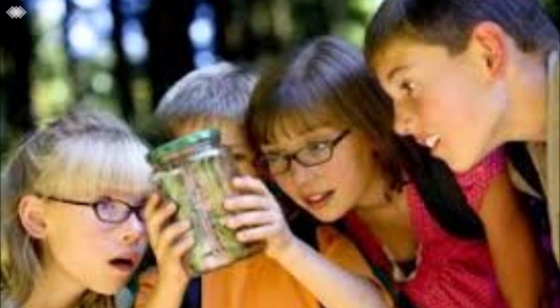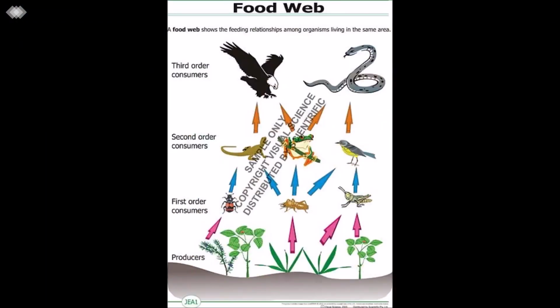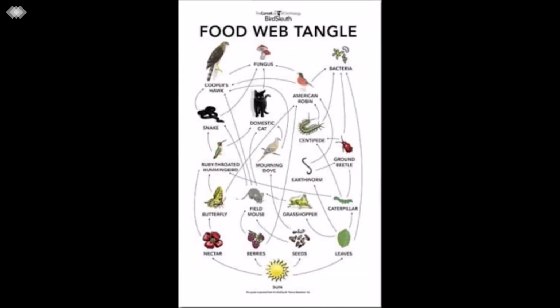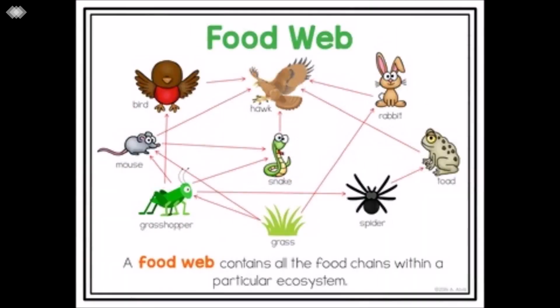The food web is the one that represents and describes the process where energy is transferred within the different species of an ecosystem. Unlike the food chain, which describes a unique way of flow, the food web has different ways of flow, and it's basically the union of several food chains.